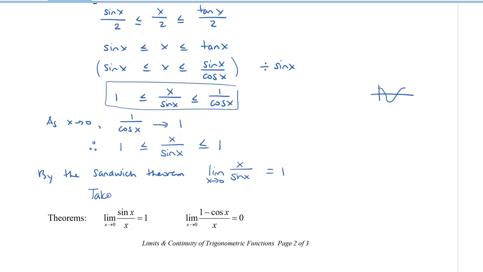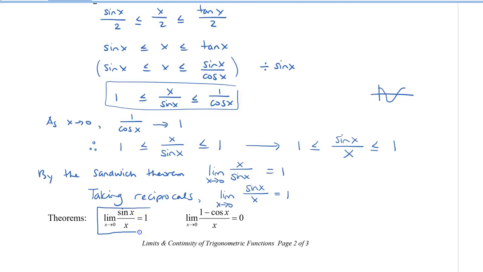So taking reciprocals, I have that the limit of sin x divided by x as x approaches 0 is equal to 1. So that's just saying that I have 1 less than or equal to sin x divided by x, which is less than or equal to 1. So this gives me this theorem here, which states that the limit of sin x over x as x approaches 0 is equal to 1.